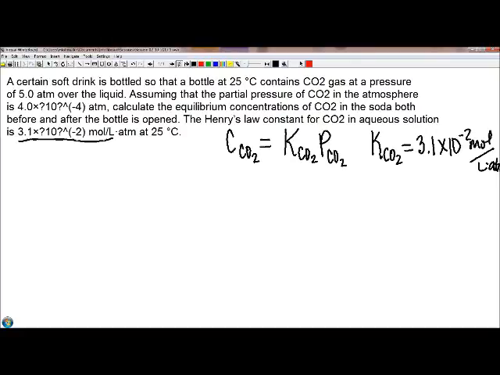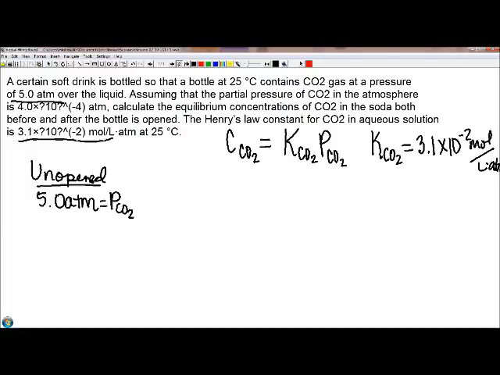Okay, so for the unopened bottle, we know that the partial pressure is 5 atmospheres. So that is going to be our partial pressure of the carbon dioxide.